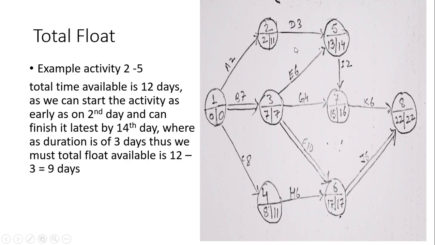So 14 minus 2 is 12. The duration of the activity is 3, D is 3. So the total float is 12 less this, because the time required for the completion of the activity has to be taken out of the float. So 12 less 3 is equal to 9.